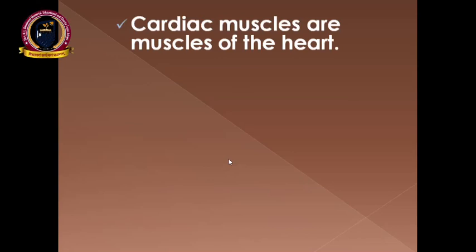Atria have to pump the blood just to the ventricles, whereas the ventricles have to pump the blood with force enough to push it throughout our body to all the body parts. Therefore, the walls of the ventricle are provided with a large number of cardiac muscles, so they are very, very thick.